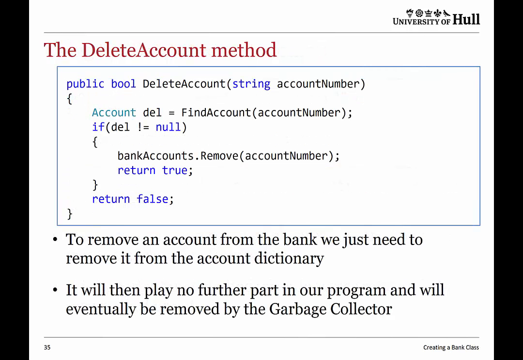I'll show you the code, and then we'll get to the profound question. If I've got a delete behavior, the code is quite sensible. It says, I'll see if I can find the account. If I find the account, del is not equal to null, that's fine. I can remove it and return true. Otherwise, I return false. So if the delete didn't work, I return false, correct?